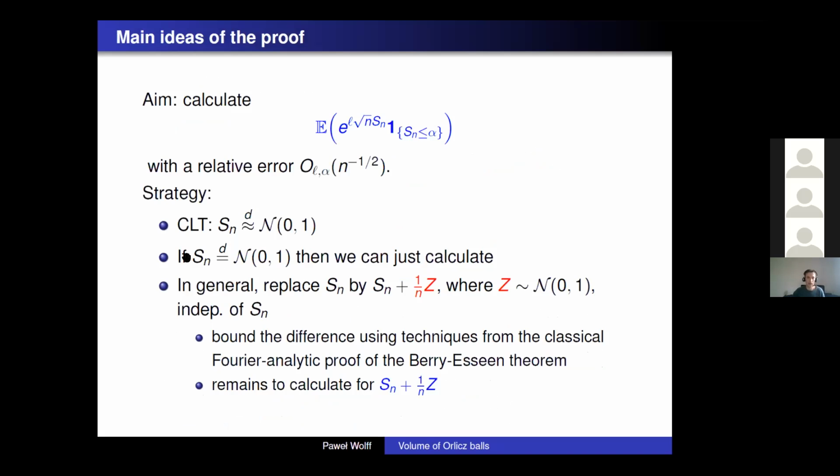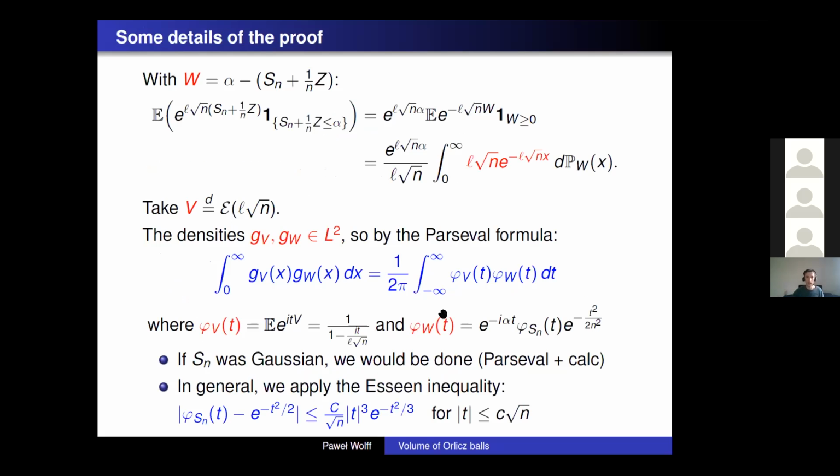If we were lucky that Sn is standard normal, then I said that we can just calculate whatever we need, and here the same story can be seen. If Sn was Gaussian, namely this characteristic function has a similar form, exponential to the minus t squared divided by 2, then we are done. Because what we have is this integral over the real line.